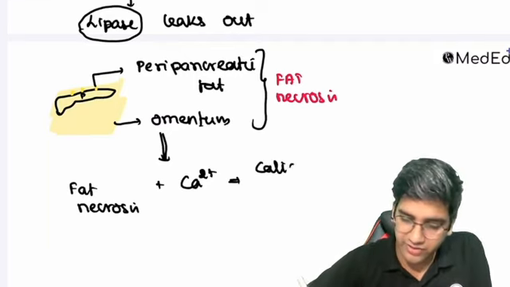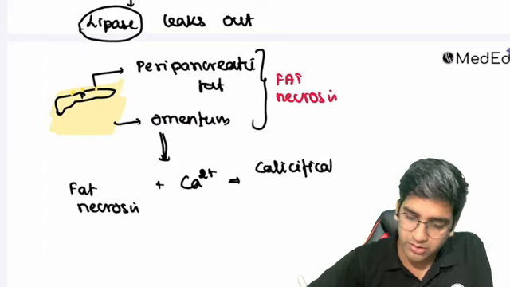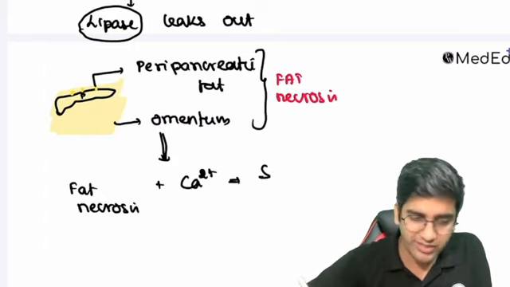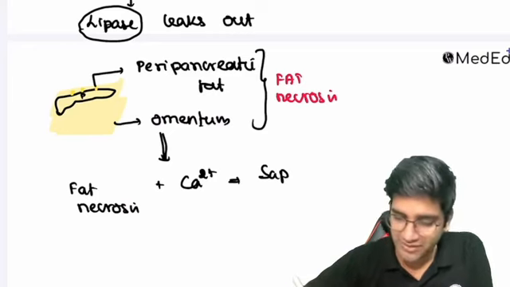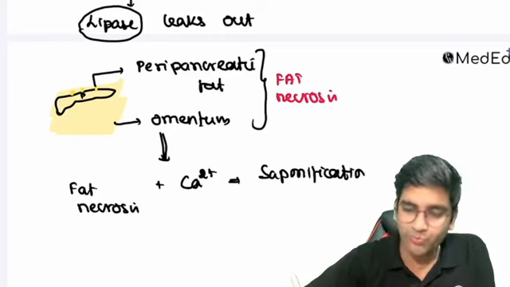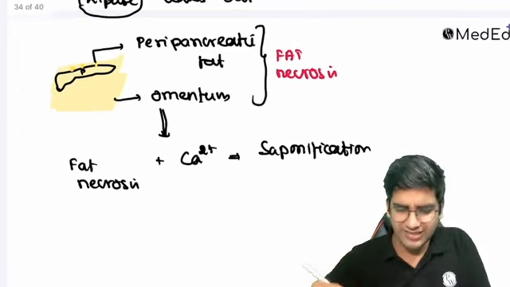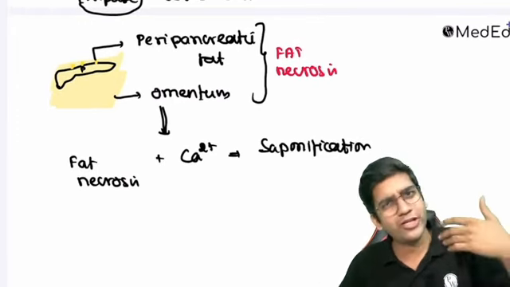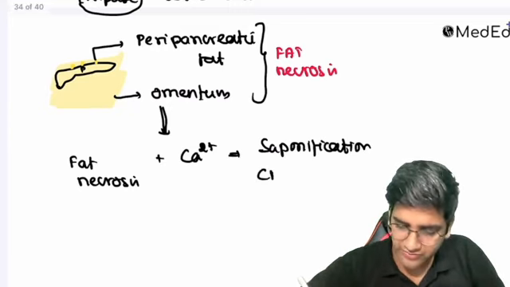It forms calcification, or it will be called saponification, right? I'll use the same term so you feel a little bit happy. Saponification is a very useless term, or a soap formation. It just means calcification. The fat necrosis with the calcium, which is the most common ion in any necrosis, will result in calcification.